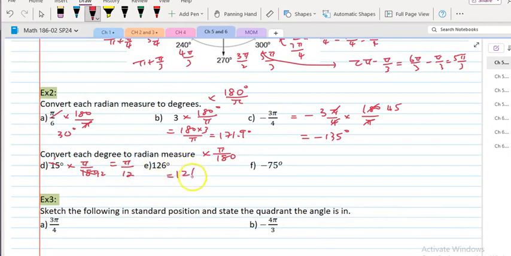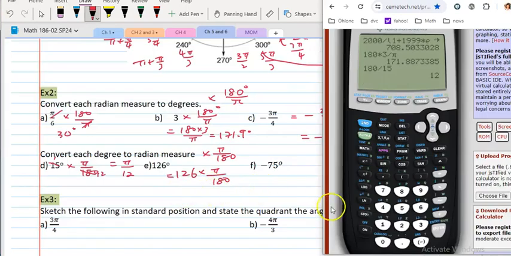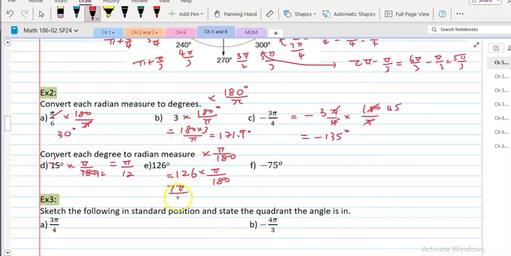This would equal 126 times pi over 180. Can I simplify 126 over 180? So I can do 126 divided by 180 and then see what happens. Oh, it's 0.7. So change it into a fraction, 7 over 10. So it'll be 7 pi over 10.